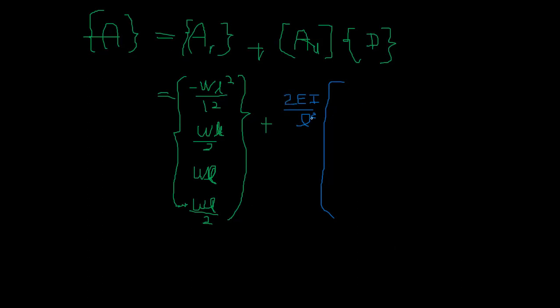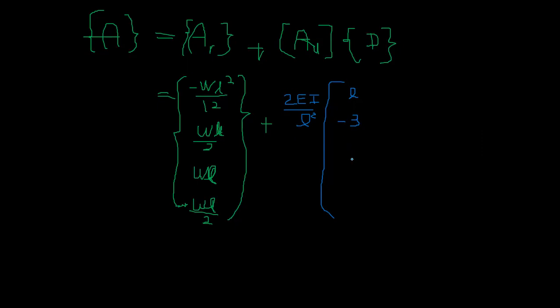So 2 EI you take out, L squared you take out. So that brings you to multiply it by an additional L. And the second was minus 6 EI over L squared, right? So that means 3. 6 EI over L squared.